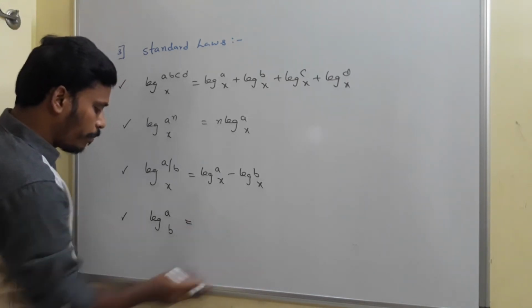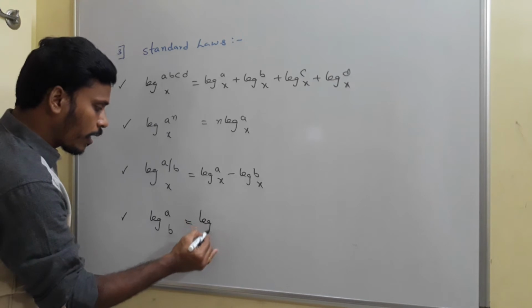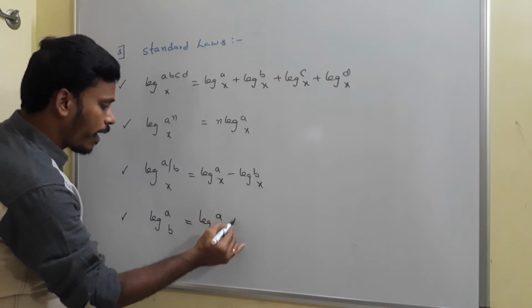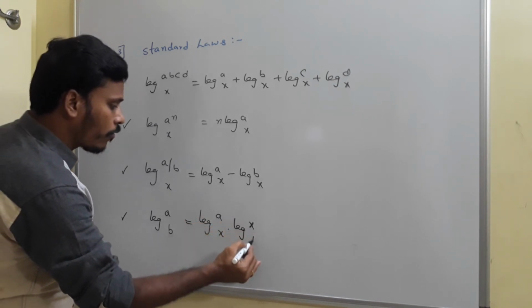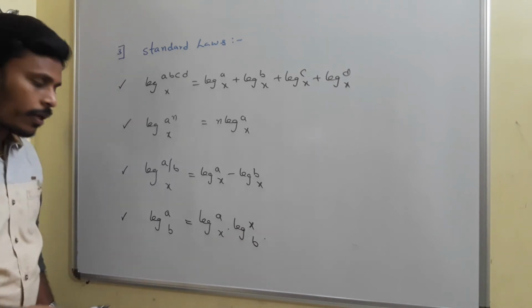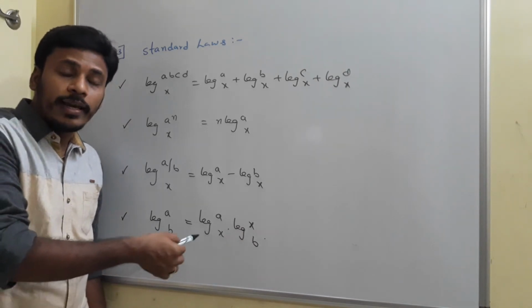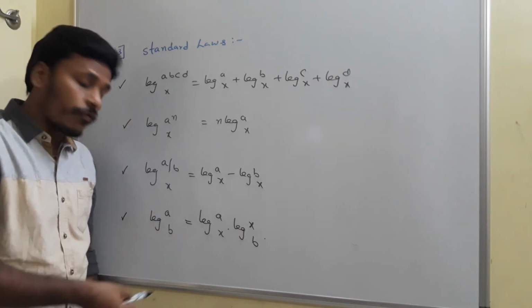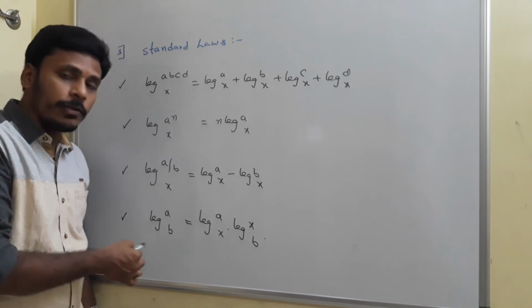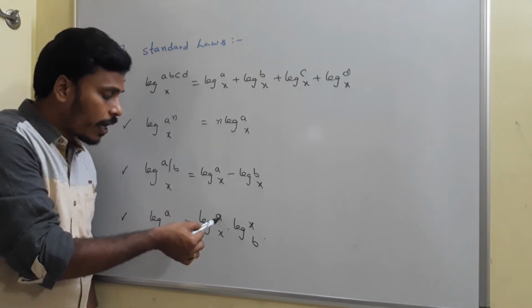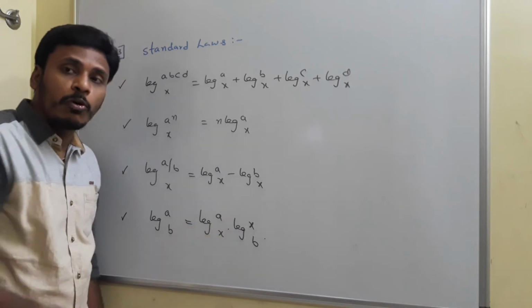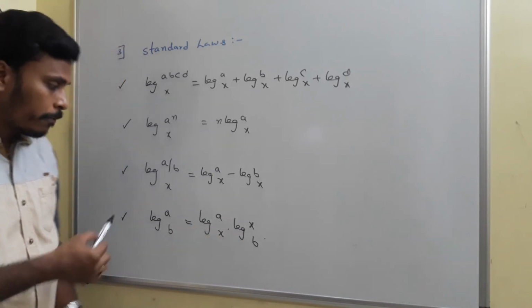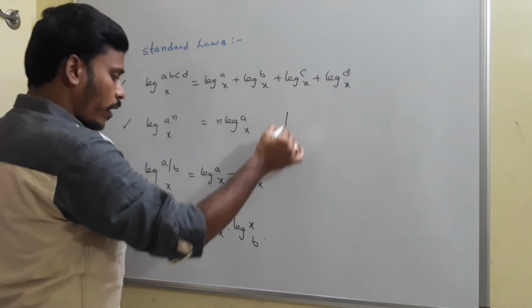Logarithm of a base b for suppose is equal to logarithm of a base some x into logarithm of x base b. Just have a look. It usually helps us to change the base of the logarithm. Here logarithm of a base b, whereas there, logarithm of a base x into logarithm of x base b.